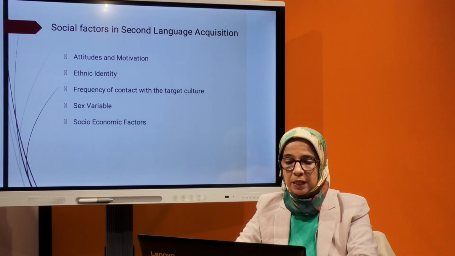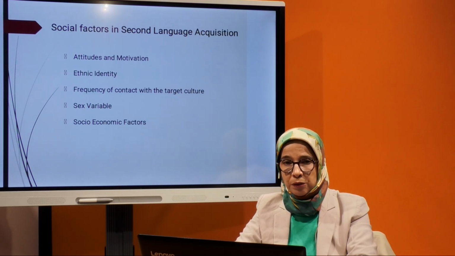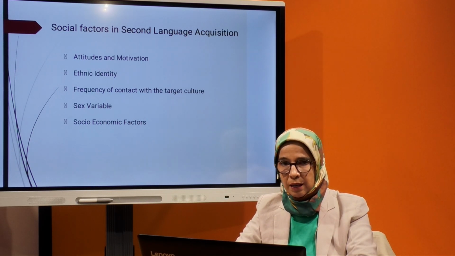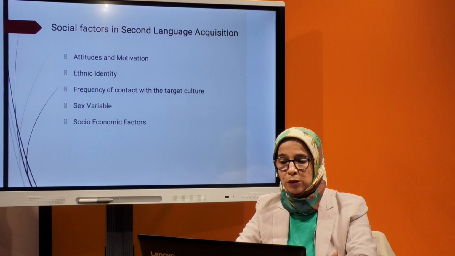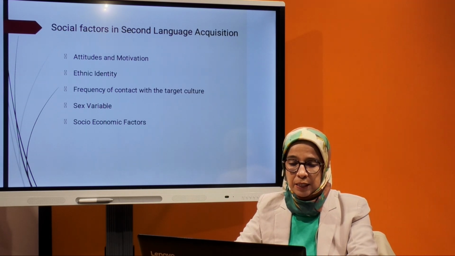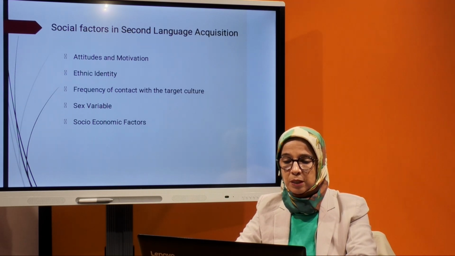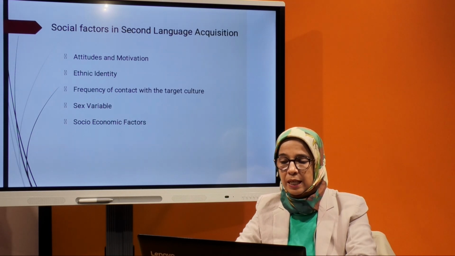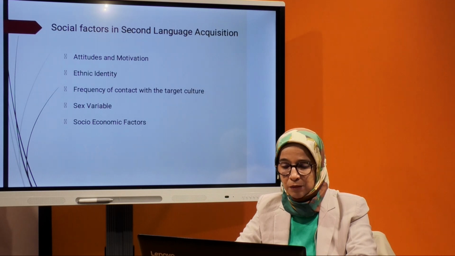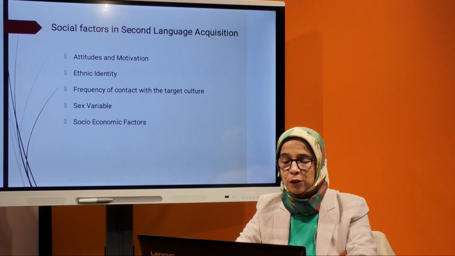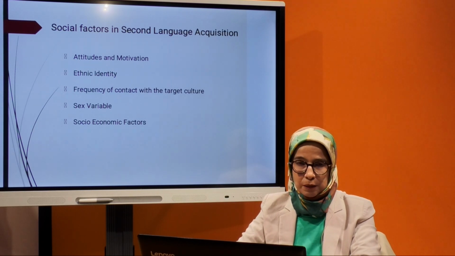There are some findings which suggest that female learners have a higher level of achievement. This is what I have explained at first. A higher level of achievement, and other findings tend to support different assumptions in some cases, claiming that it is not so much a matter of sex differences as it is a matter of socioeconomic differences.